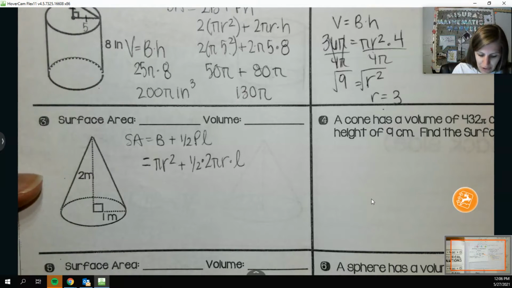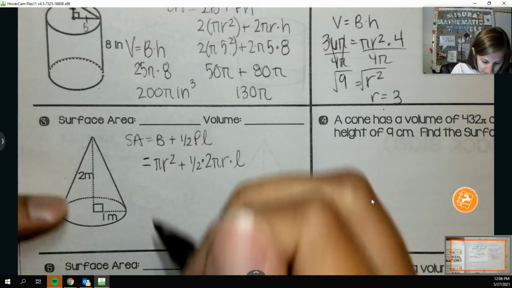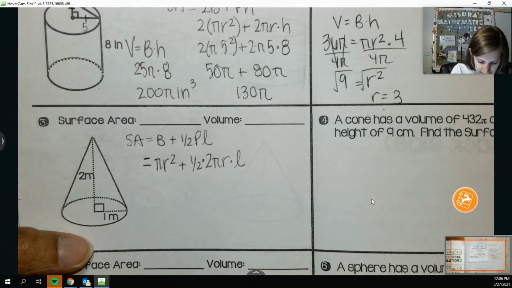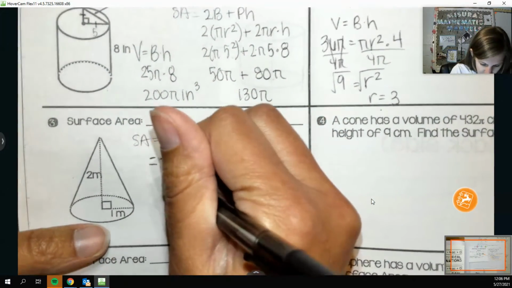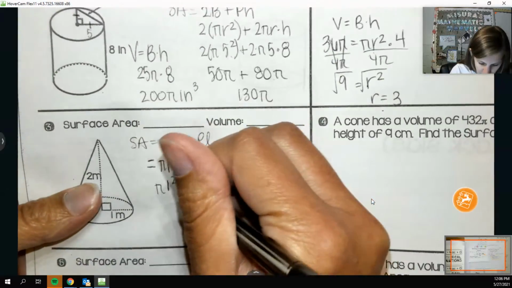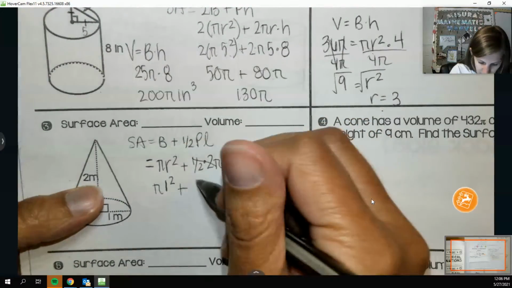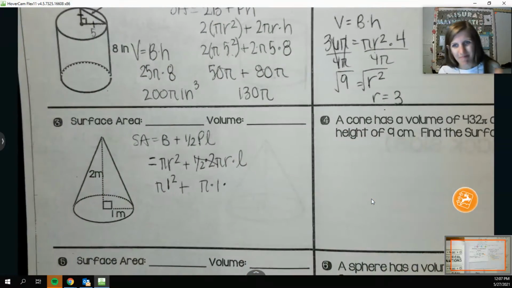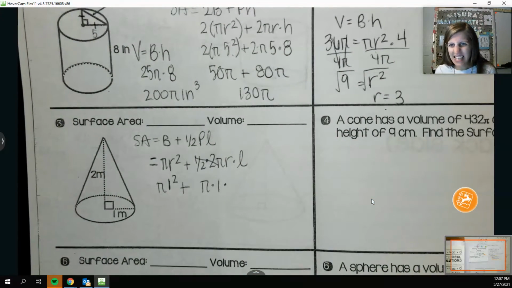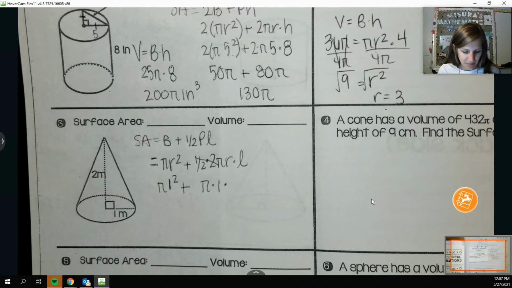Okay, so hopefully I know all the things. I can see that my radius here is 1, which is so weird. Ooh, also the 2 and half can cancel out. So just pi times 1 times, they did not give me that slanted height.